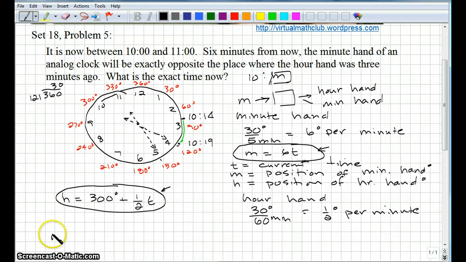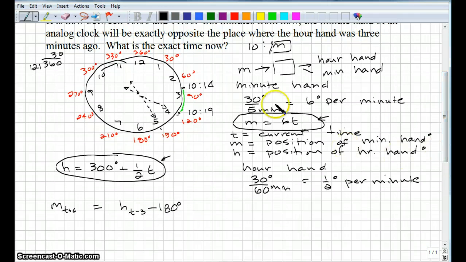Okay, so the minute hand in t plus 6 minutes is equal to the position of the hour hand 3 minutes ago, so that's t minus 3, and this is exactly opposite, so it's 180 degrees back, right? So it's got to be exactly opposite, so that's 180 degrees back from the hour hand. Okay? So let's figure out what that is.